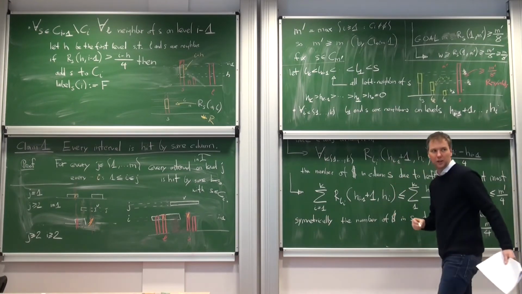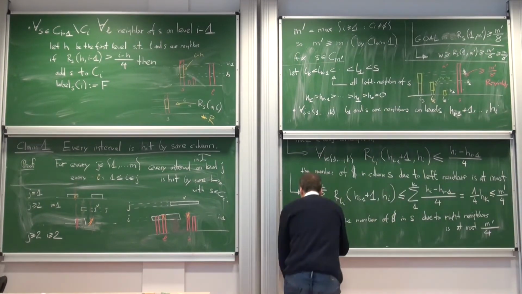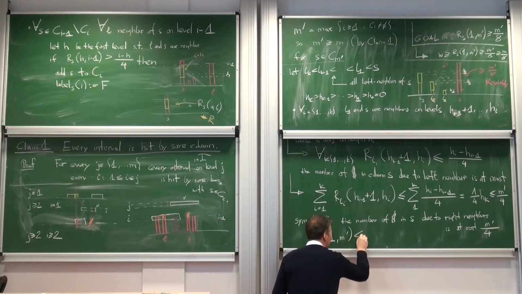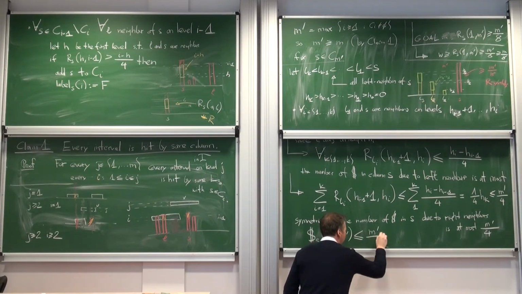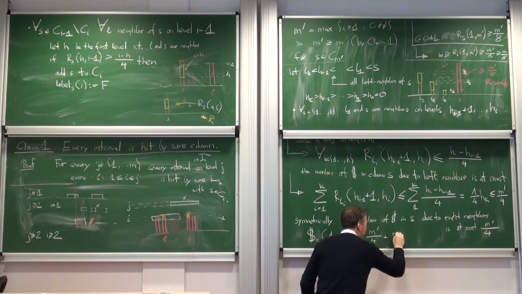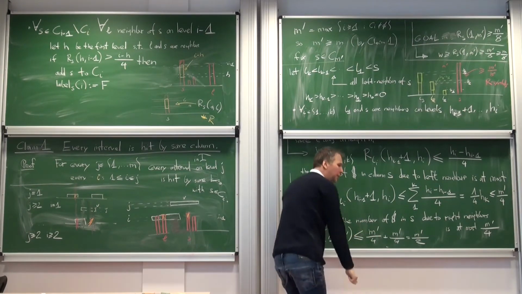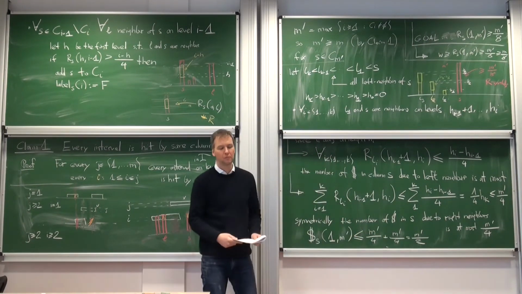So finally, the number of dollars in our column all the way through is bounded by n prime over 4 plus n prime over 4, which is n prime over 2. Almost half of the column are dollars.